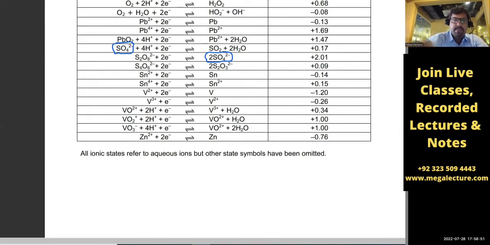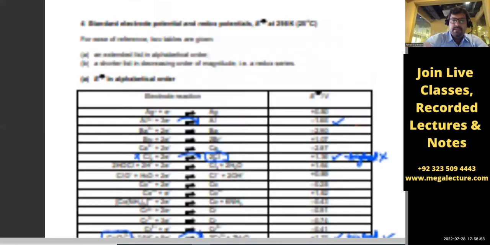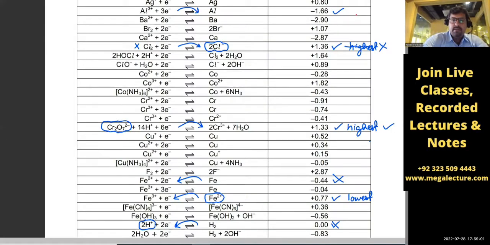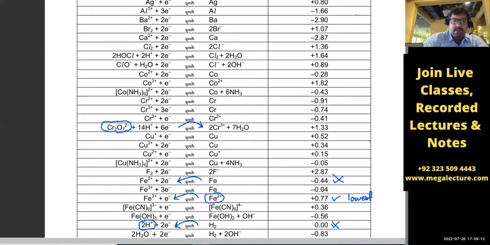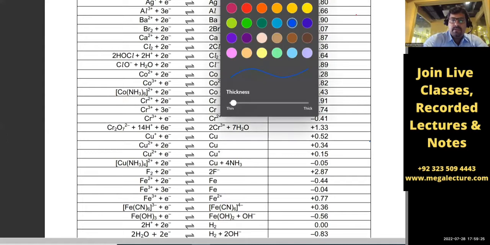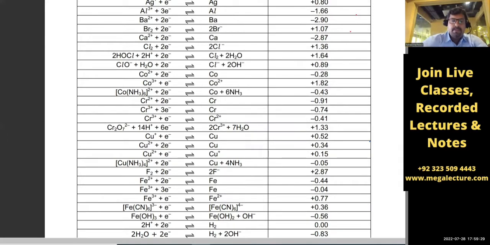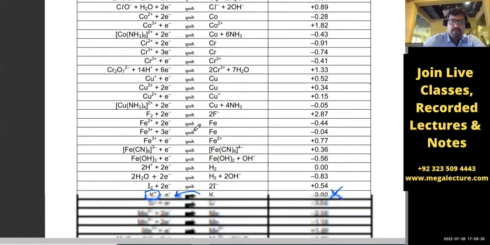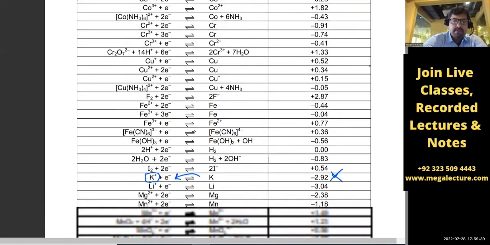First, I'll quickly rub this off. As the first one, I've got Fe2+. Where's Fe2+?